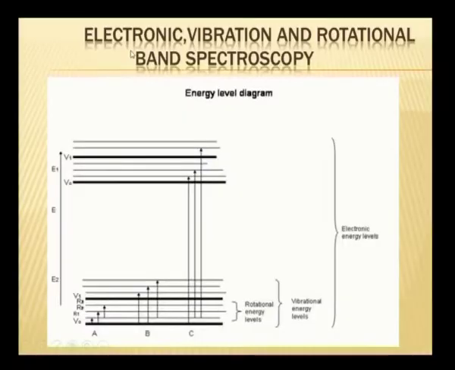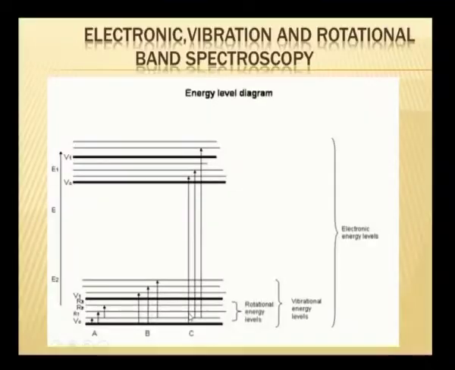Now, if you look at this room, you have got light here. This light that you have got here, the so called spectroscopy, here has the title electronic vibration and rotational band spectroscopy. The light that is incident falling on me, on my face, is due to what? It is due to the electrons which are going up and coming down.